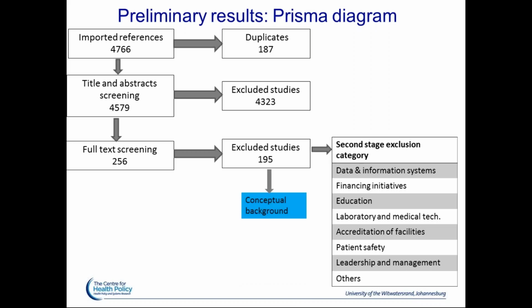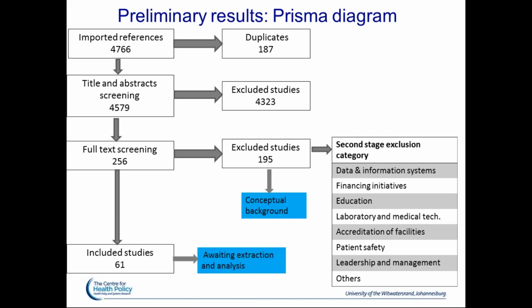So we are planning to use this set of articles as conceptual background for our study, because it gives us an idea of some of the other approaches used in quality improvement. But we have 61 studies that met our inclusion criteria, and these 61 studies are awaiting extraction and analysis.